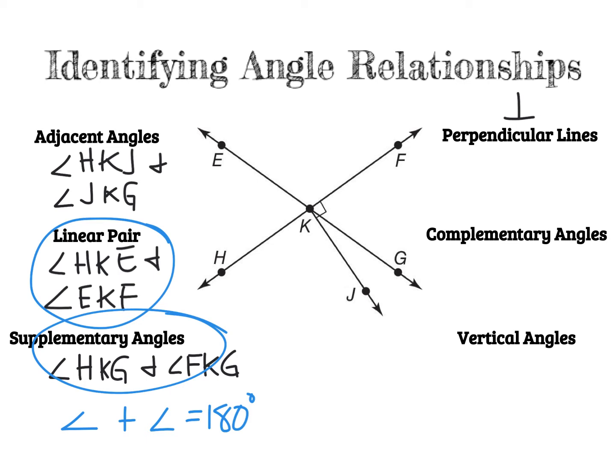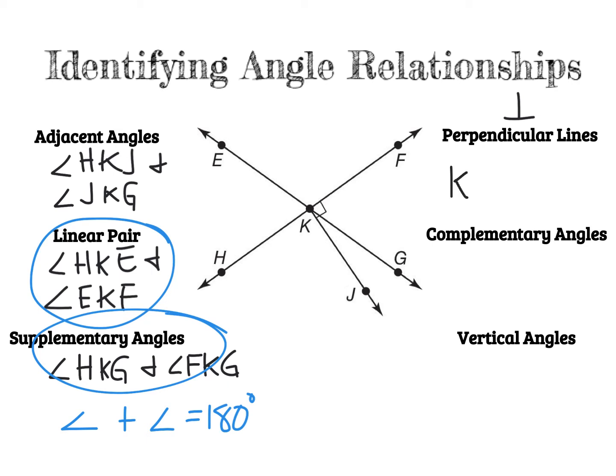So here we have an example of two lines that are perpendicular. If you look at this box, we have a 90-degree angle right here, right? So I can say there's two lines that intersect and form that angle.